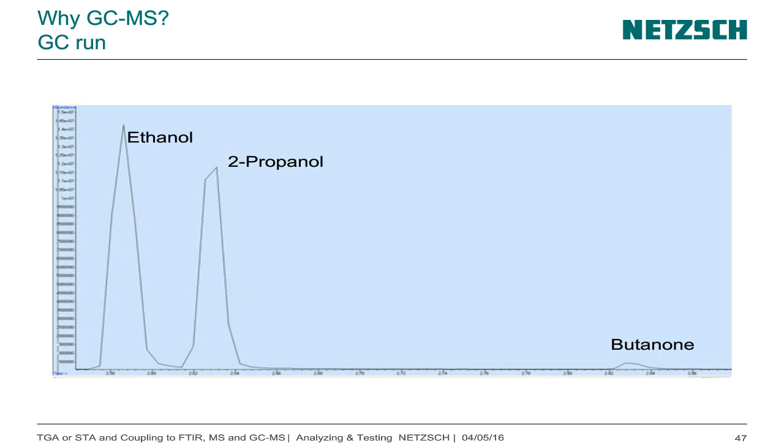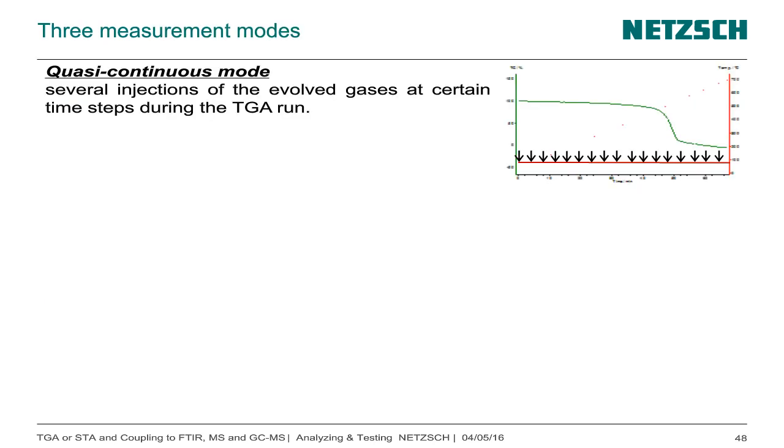If we now have a look at what kind of possibilities or measuring modes we have with the GC, we have 5, but the question is whether these are real 5 or 3, so I talk now about 3. One possibility is a quasi-continuous mode.